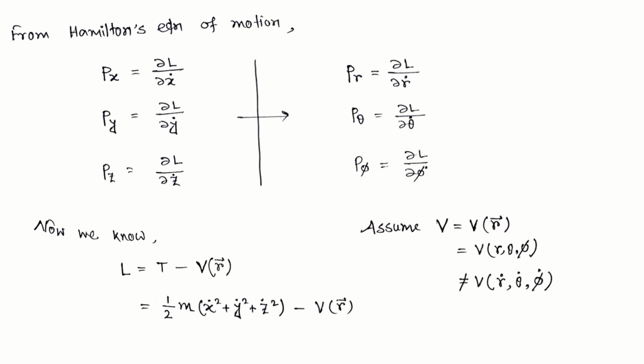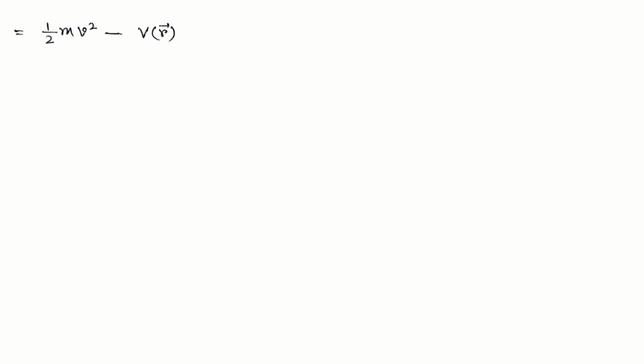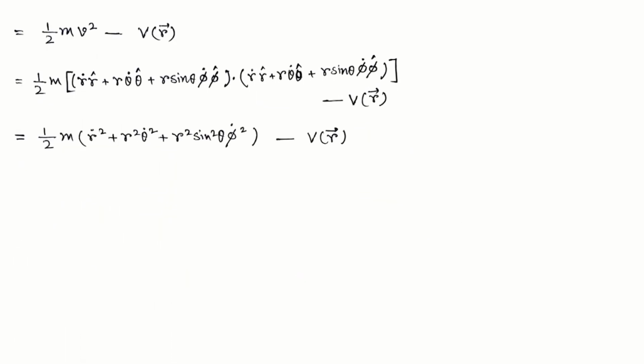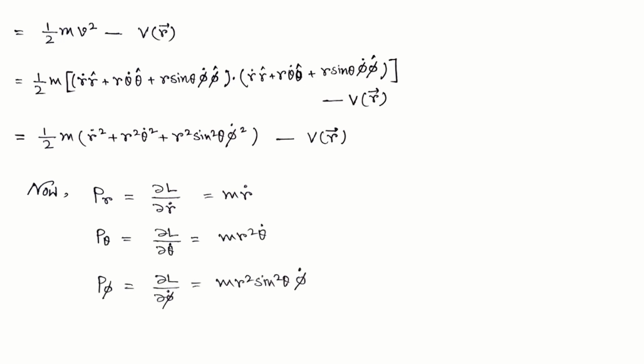By the way, this potential energy will not contribute when we calculate the momentum, because all are derivatives of the Lagrangian with respect to the velocity components, so it will cancel out. After a few steps, you will get this equation, and from that you can calculate p_r, p_theta, and also p_phi. So these are the sets of equations.